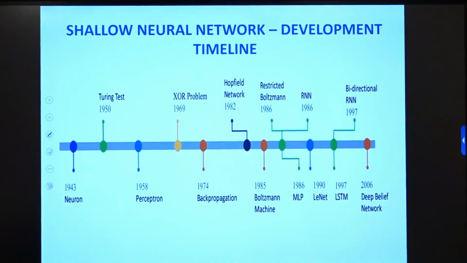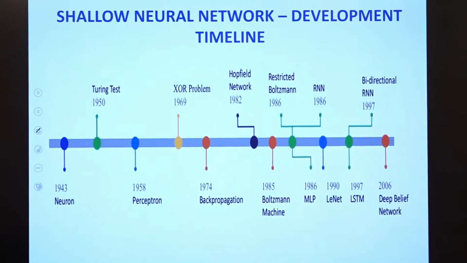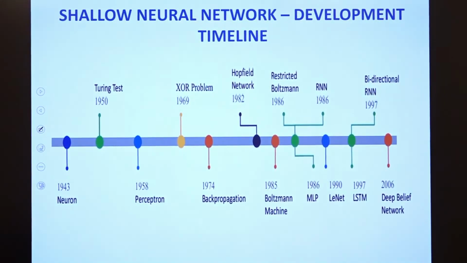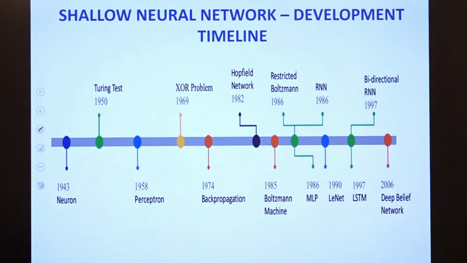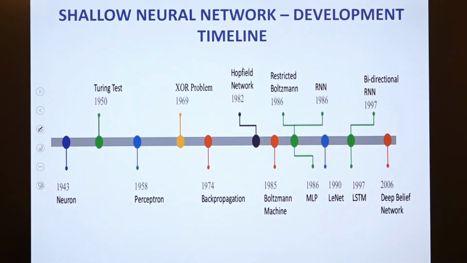What we are able to see here is, as I just discussed, in 1943 the shallow neural network was introduced in the form of the McCulloch-Pitts neuron model. It initiated everything. Then in 1950 we got Turing's test, and in 1958 Frank Rosenblatt proposed the first neuron model, which we call the perceptron model.